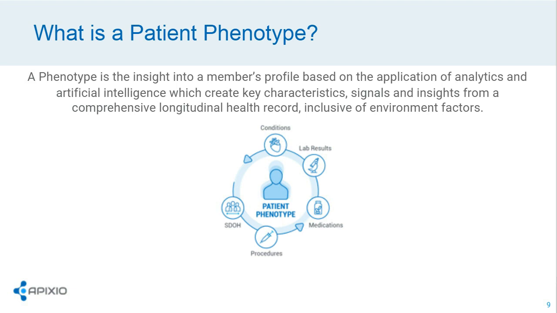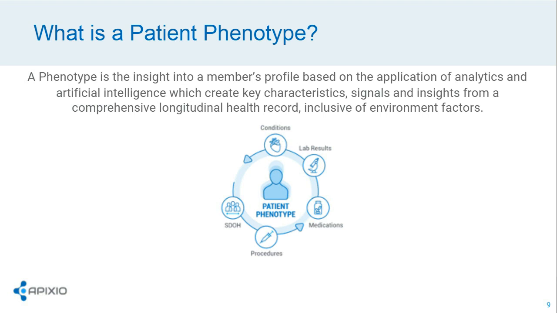Now, it's based on the application of analytics and artificial intelligence, if you will, some of the natural language processing to interpret that structured or unstructured data. But the key in all of this is identifying characteristics or signals and then creating from that the evidence to support an insight, putting that in front of your providers, putting that in front of your administrators to be able to drive some of those actions.